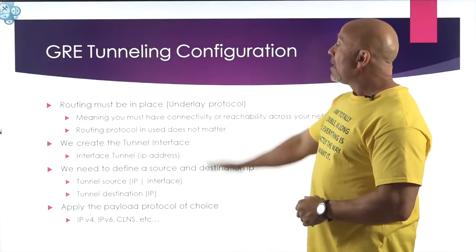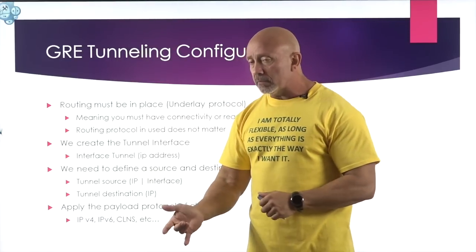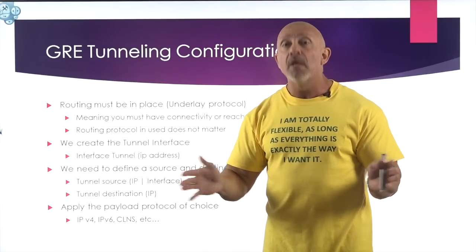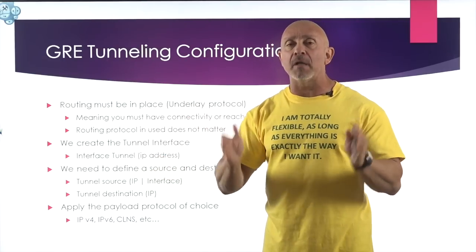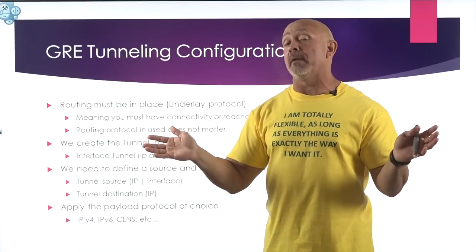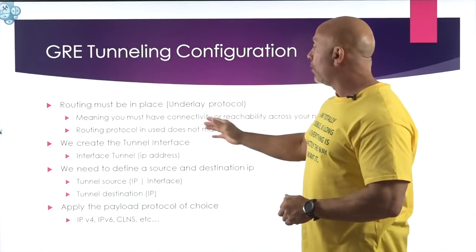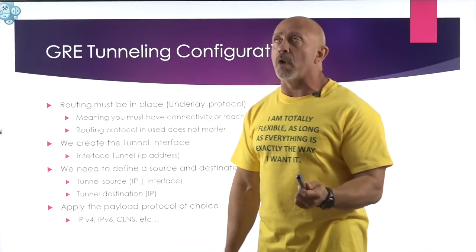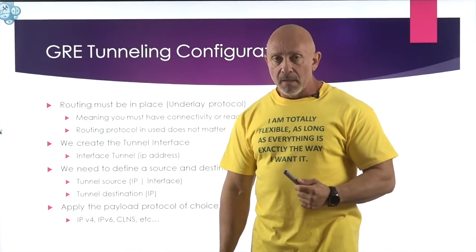The next one. Now, before you create any tunnel, you must have a routing protocol in place. Or if you're doing static routes, that's just fine. Okay? But a routing protocol must be in place, and that is considered an underlay protocol. Why am I saying that?